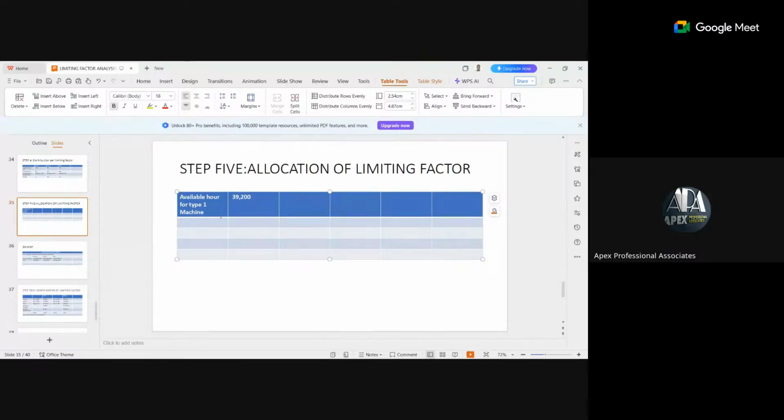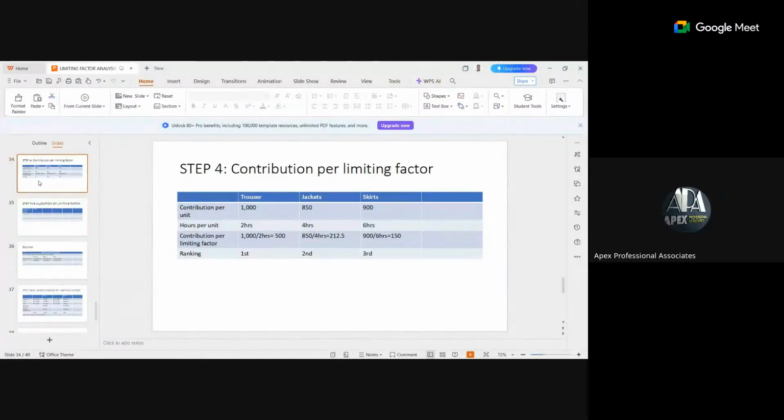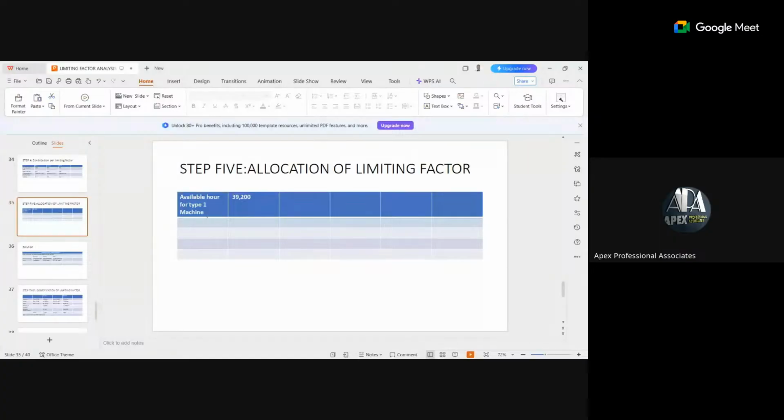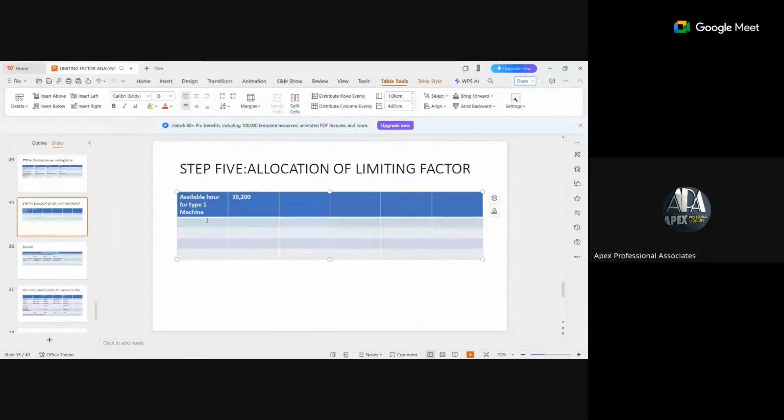Now, trouser is ranking first, right? Yes. So we'll make sure we produce everything that has to do with trouser first.